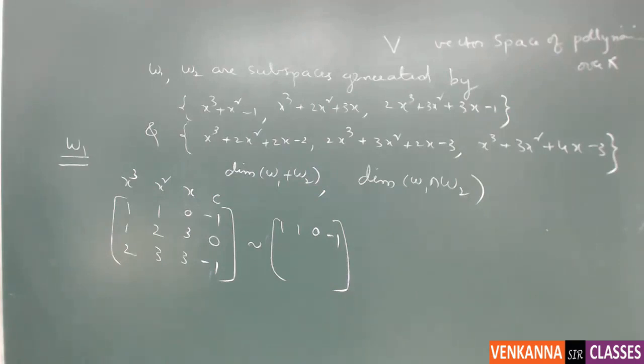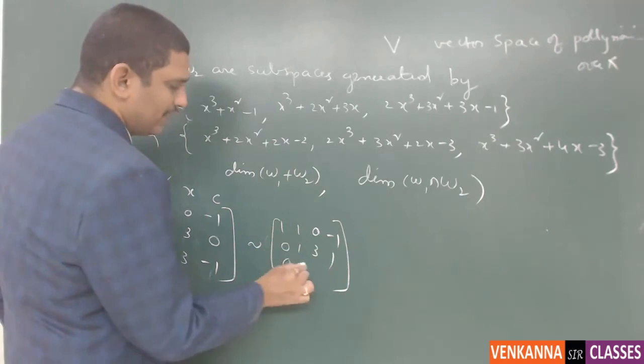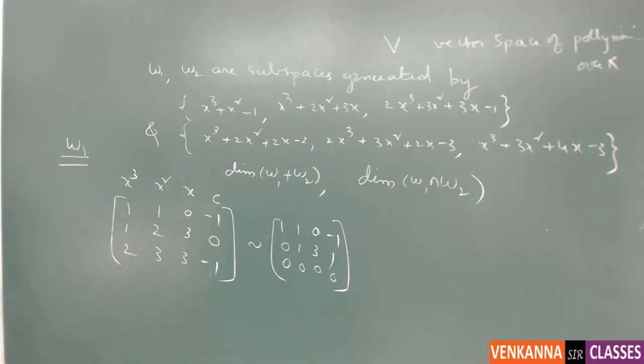Yes, one row is 0. I will say that the second row you will get like this and the third row you will get completely 0. Accepted? After applying the row operations, you get the result like that. Yes or no?